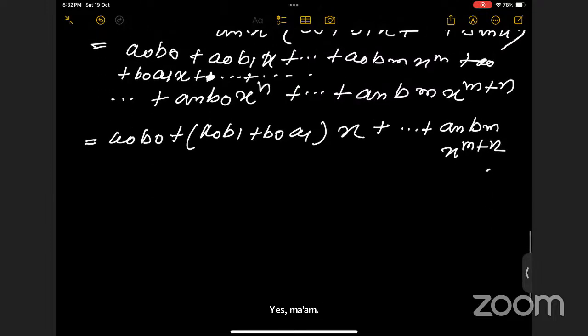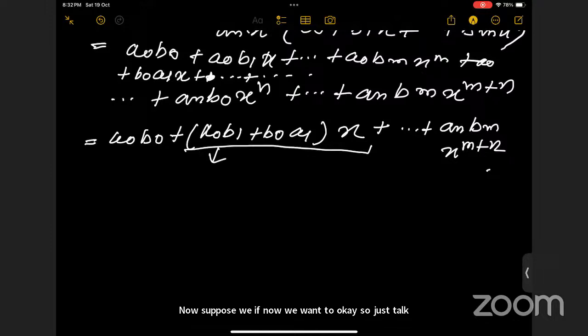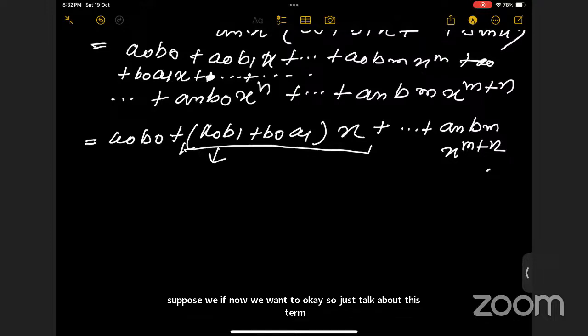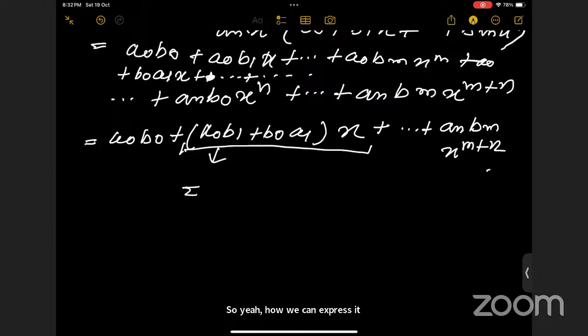Now, just talk about this term. How can we express it in a shorter notation? Ma'am, m plus n is only for the last term. Summation of j equals 0 to k, and here k we will take as one, because we only have one example here.